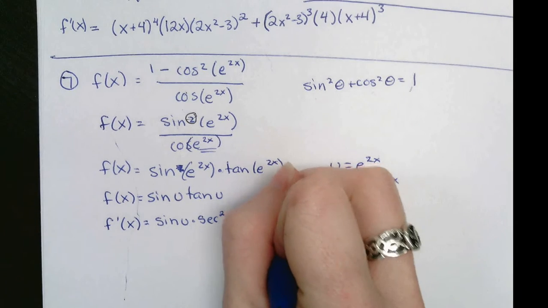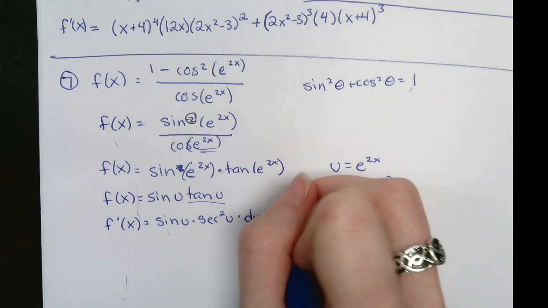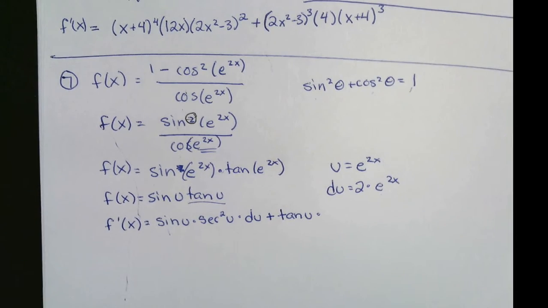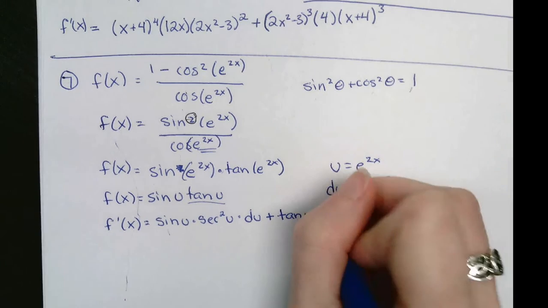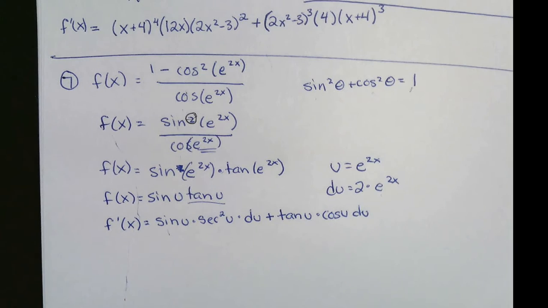This is going to be plus, this was L dr, now we're going to do R dl. My right function is my tangent, so plus tan u times the derivative of the left, cosine u, times du.